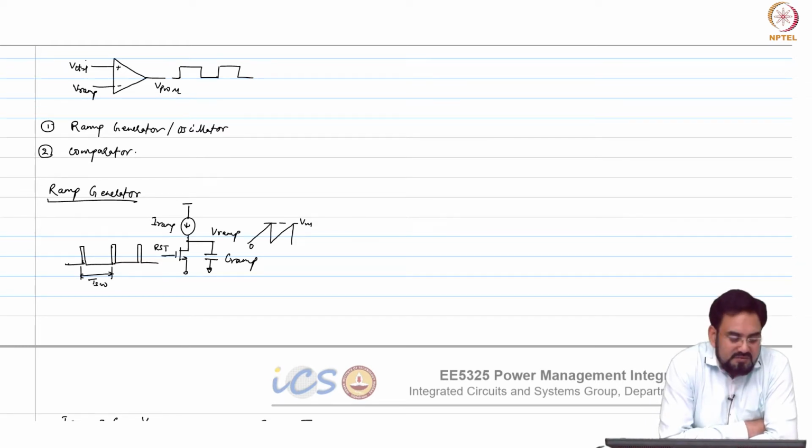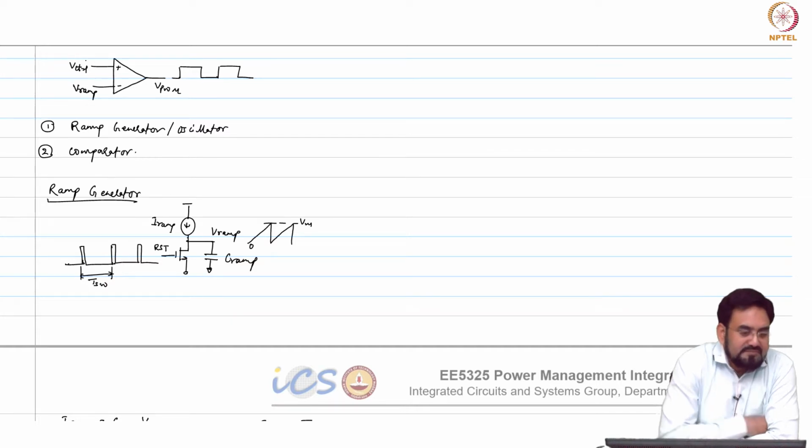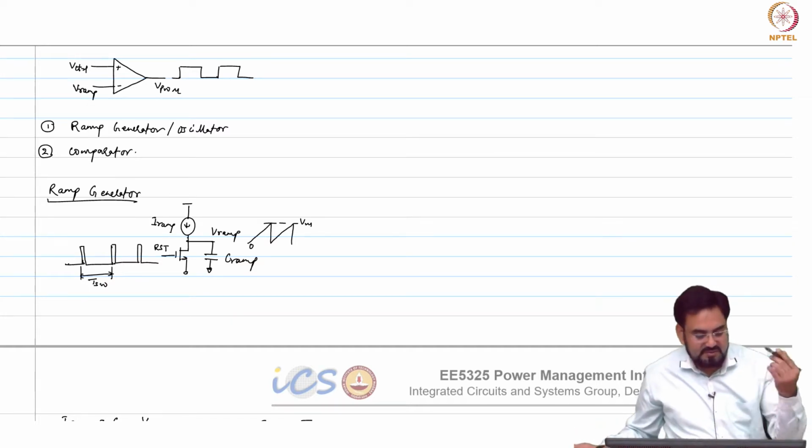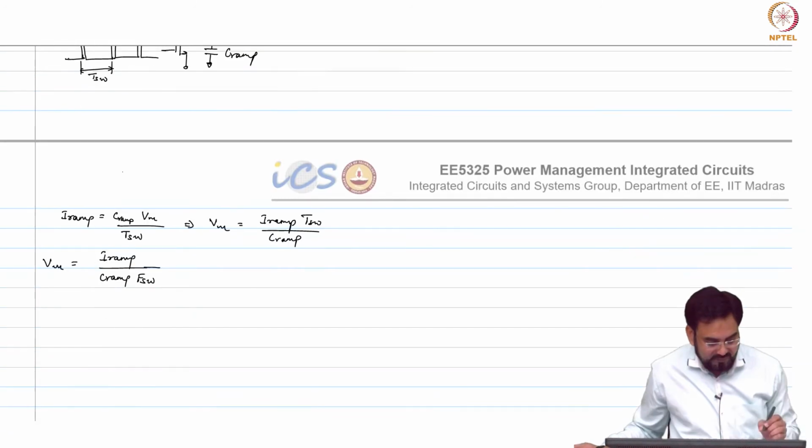Make sure that whatever the parasitics are at the VRAM node, they should be a very small portion of the actual cap you are putting, and that's why we choose order of picofarad, 1 to 10. 10 picofarad is even on the larger side, but 1 picofarad should be okay. Based on that you choose the current.